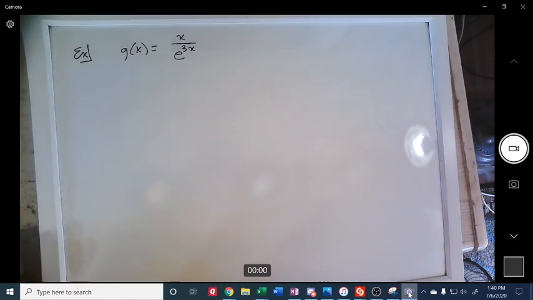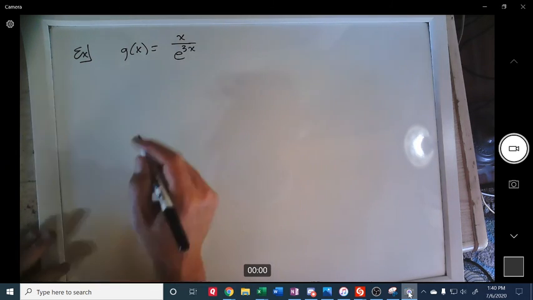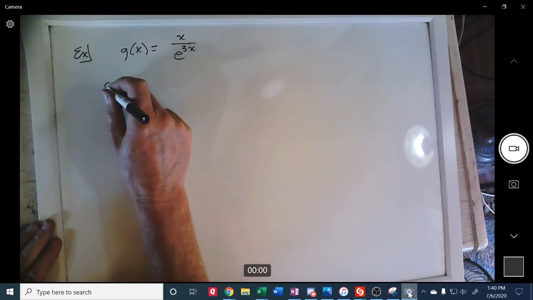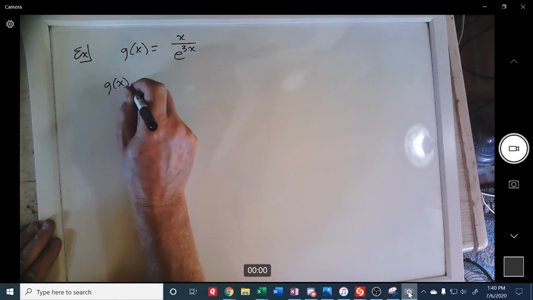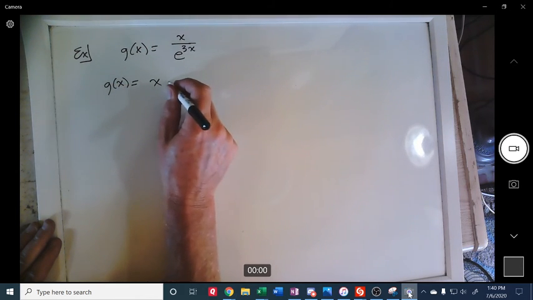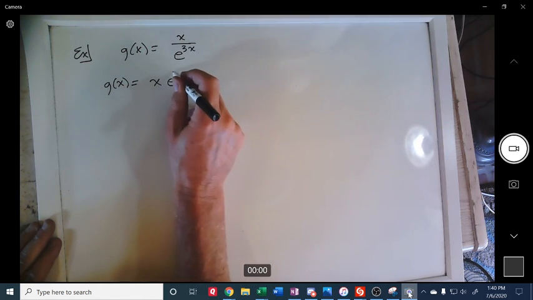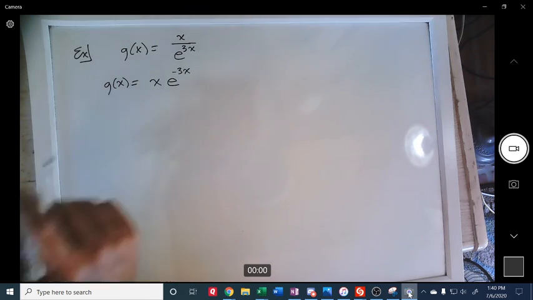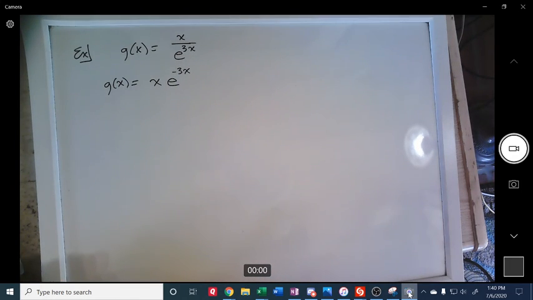What rule would I have to use here? Normally I would say this is the quotient rule. But now I don't have to view it as the quotient rule. I can call this e to the negative 3x, and I can call it the product rule.